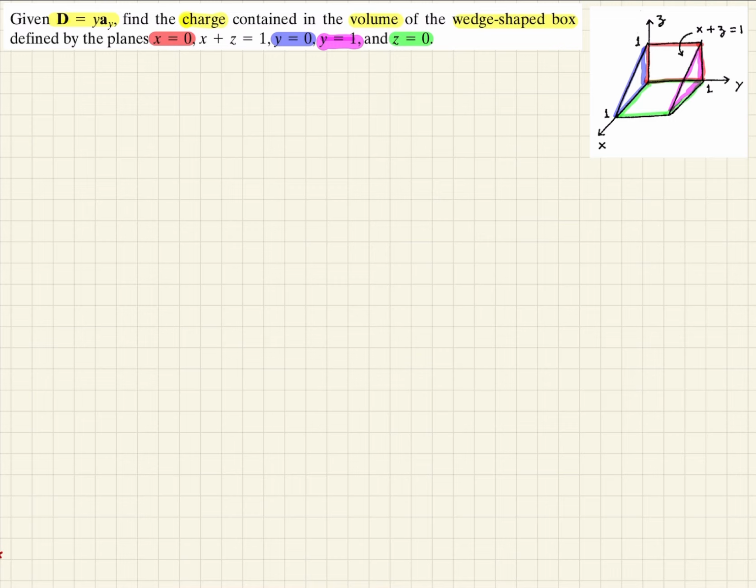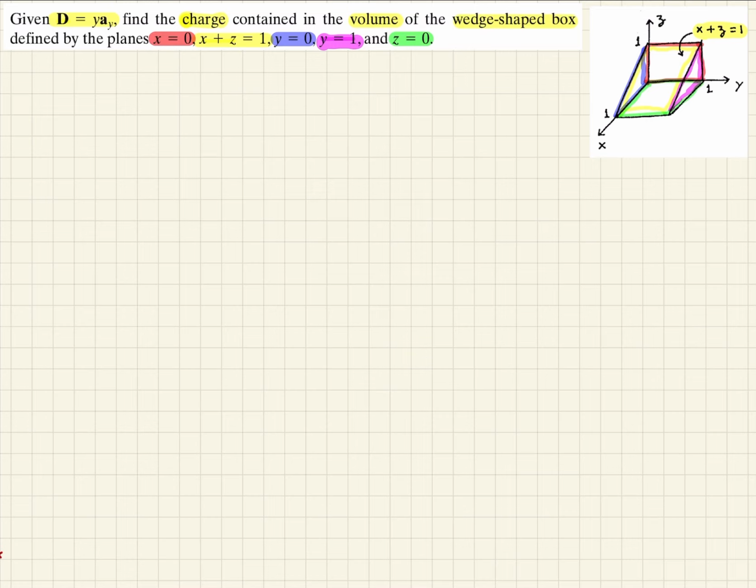And then finally, we have x plus z equals 1. So that's this top plane here. And so I can try to draw that if that's helpful. So that's this plane here going there. All right, so there's our wedge-shaped box.